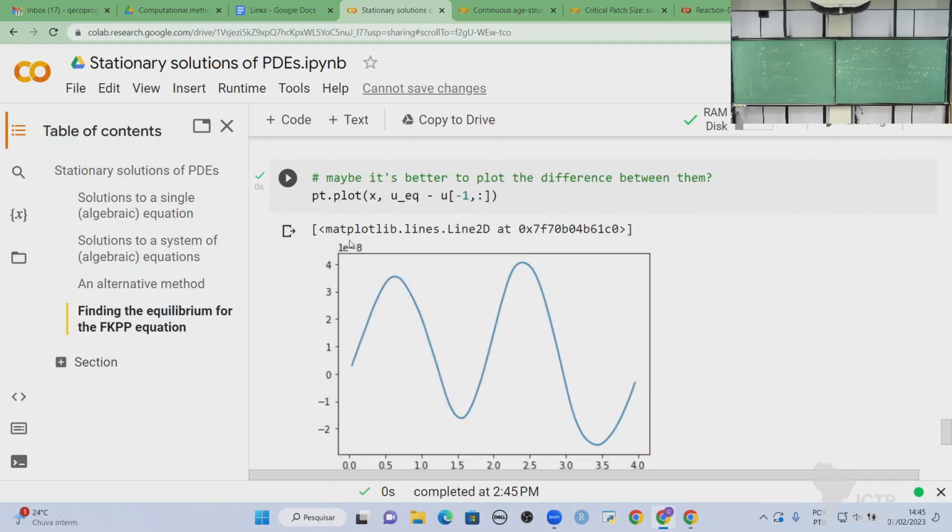So it's a lot smaller, and there's no clear pattern here. Well, it's kind of a weird pattern. So this means that within the accuracy here, we already had a very close to the final solution. Nice? Questions, comments?